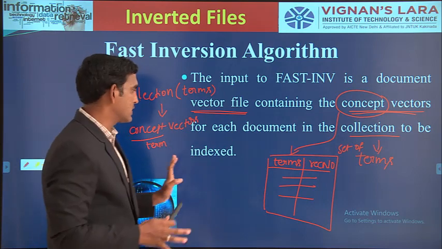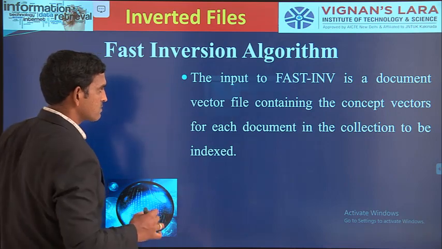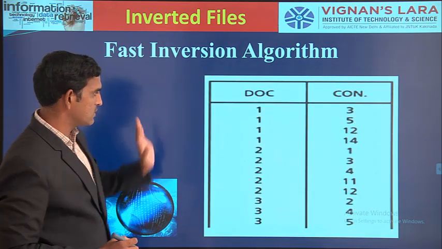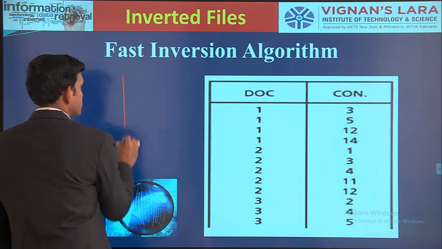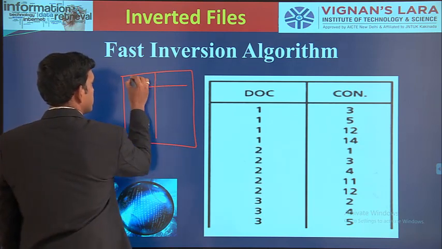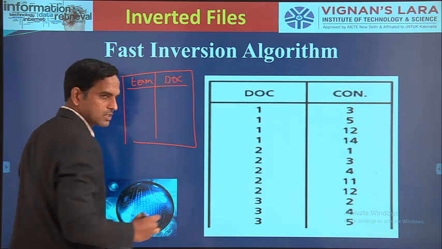We'll be looking at an example of this document vector file. This is how a document vector file looks. In the previous methods, as I told you, we will be having our term and record number or document number.